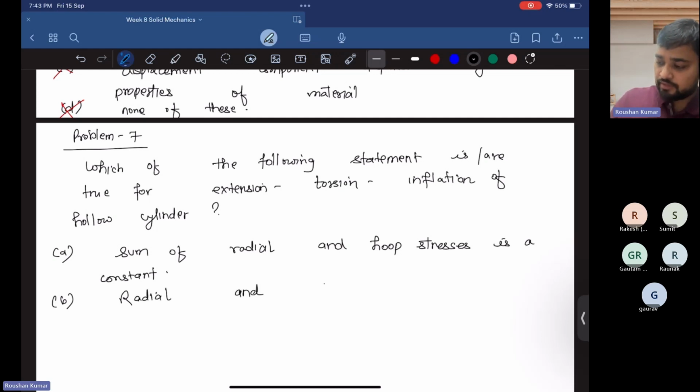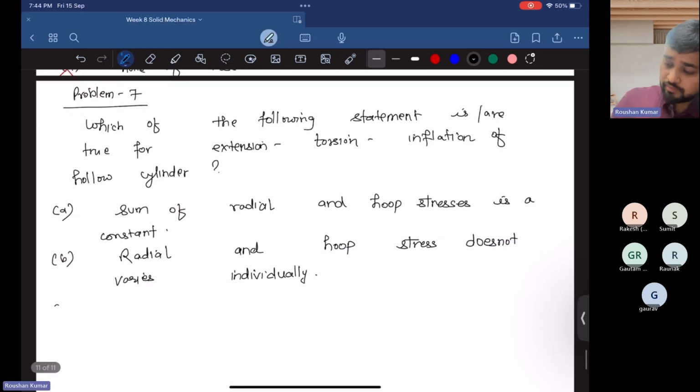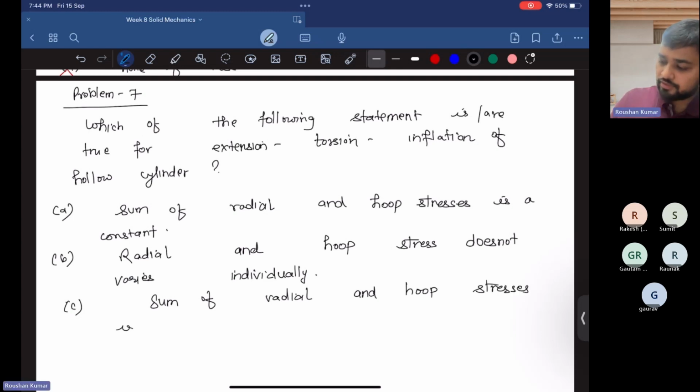The third option, sum of radial and hoop stress is not a constant.